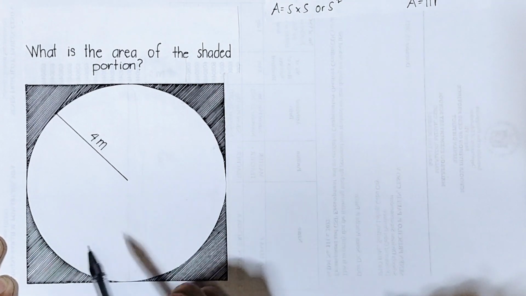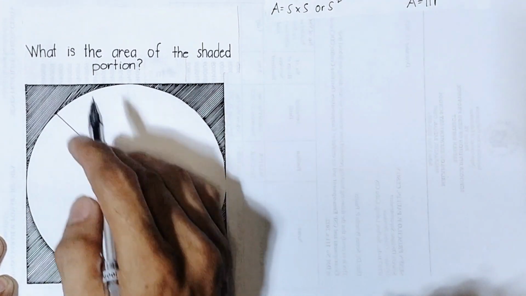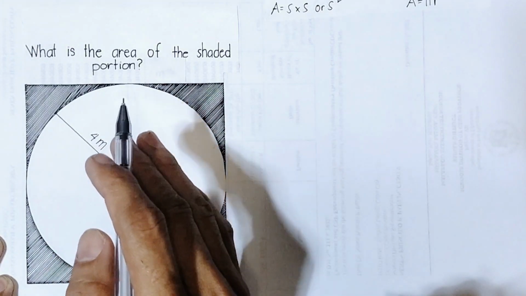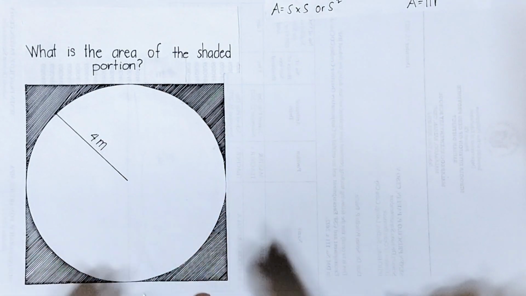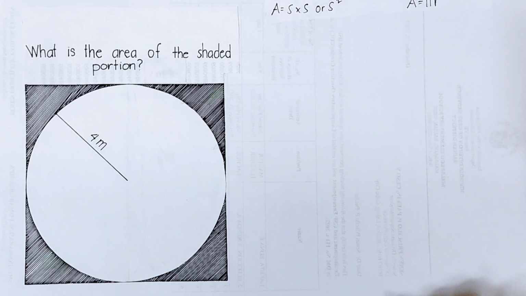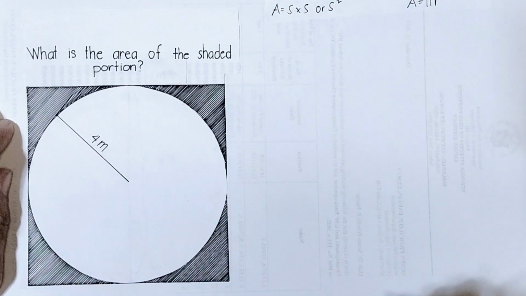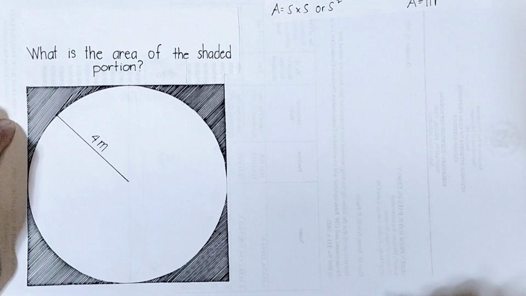Let's consider the circle. Remember that all the radii inside a circle are equal to each other. If the radius measures 4 meters, the rest of the radii also measure 4 meters.